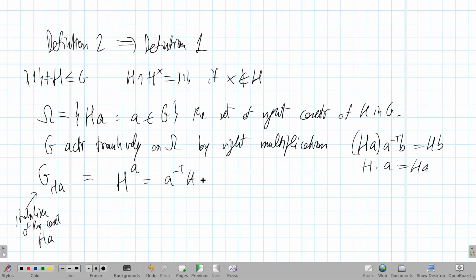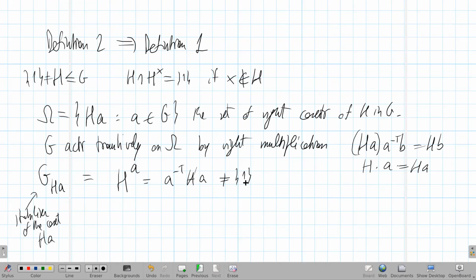I won't repeat the simple proof, but one knows that this holds. And of course, since H is different from 1, all of these are different from 1, which is another condition that I needed.